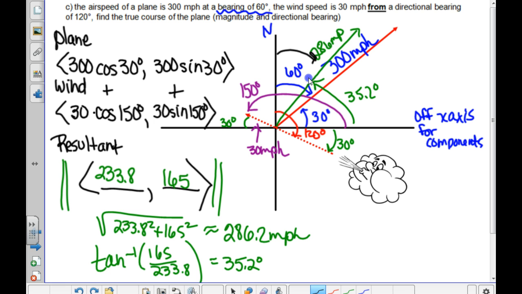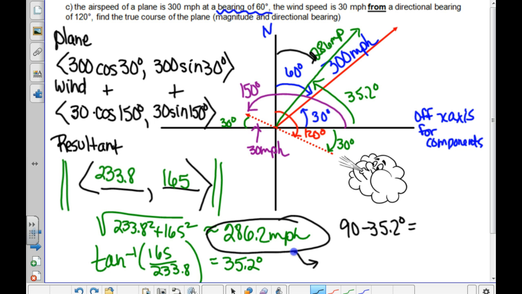How do you find that? 90 minus 35.2. Okay. It's making 286.2 miles per hour, and it's at 54.8 degrees off north. They will just call that a directional bearing.